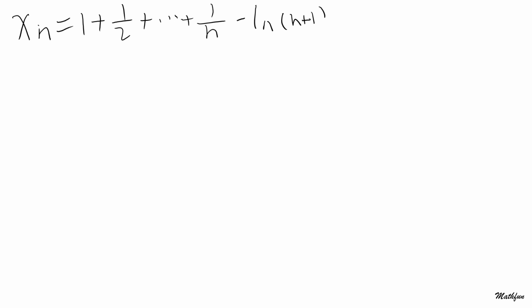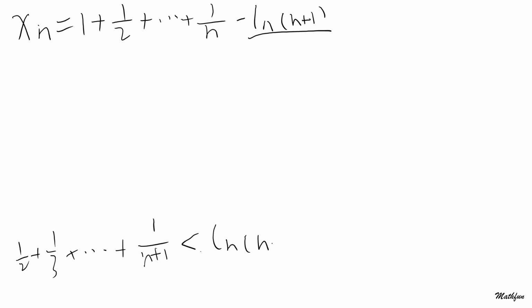Now what do we know about this part? Just now we proved in Lemma 5 that a half plus a third plus so on until the reciprocal of n plus 1 is smaller than the natural log of n plus 1, isn't it?